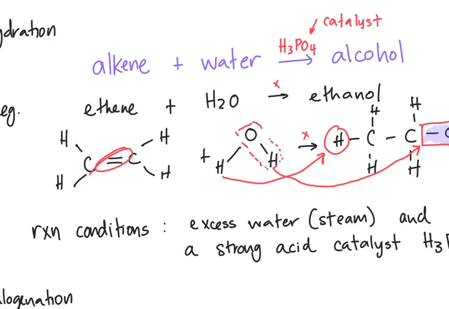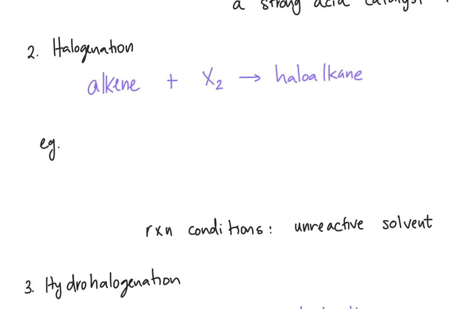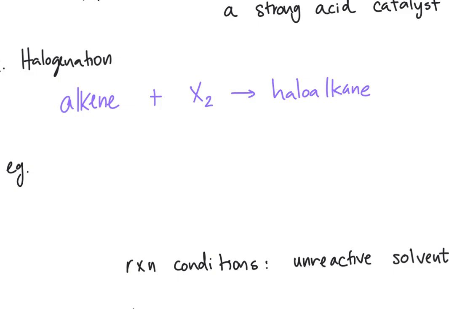The second reaction we then have is halogenation. Halogenation is if we start off with an alkene and we add to that alkene some sort of diatomic halogen.